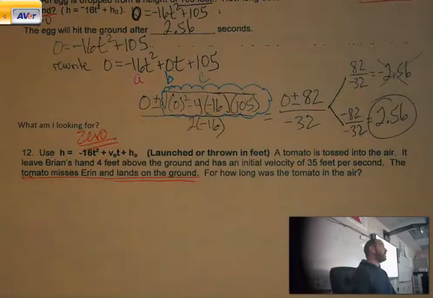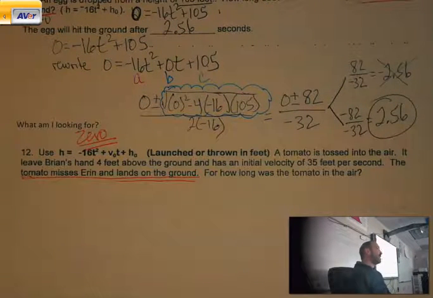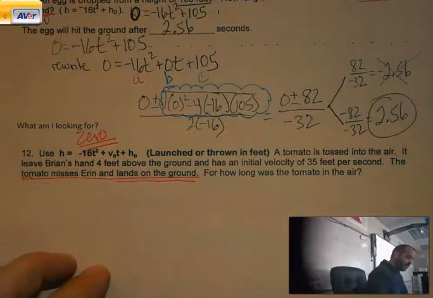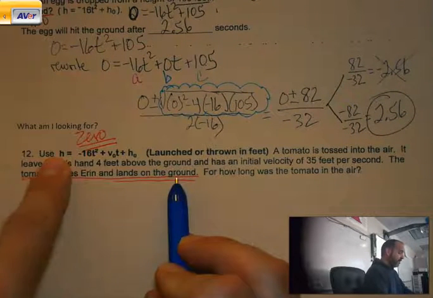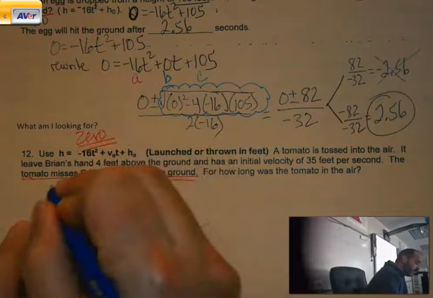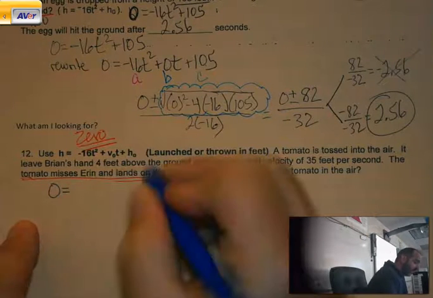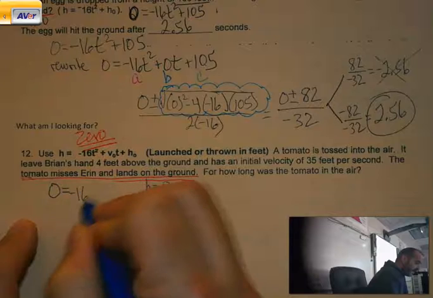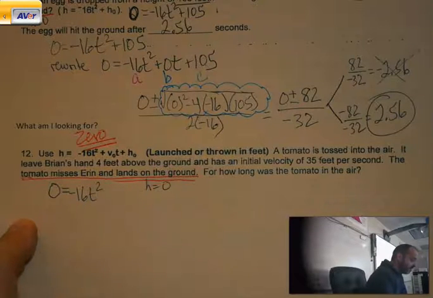I still want the 0. I still want to know how long is it taking for that tomato to leave my hand and hit the ground. So, I'm like, okay, got this. Lands on the ground. My h value is 0. We know the negative 16t squared doesn't change.